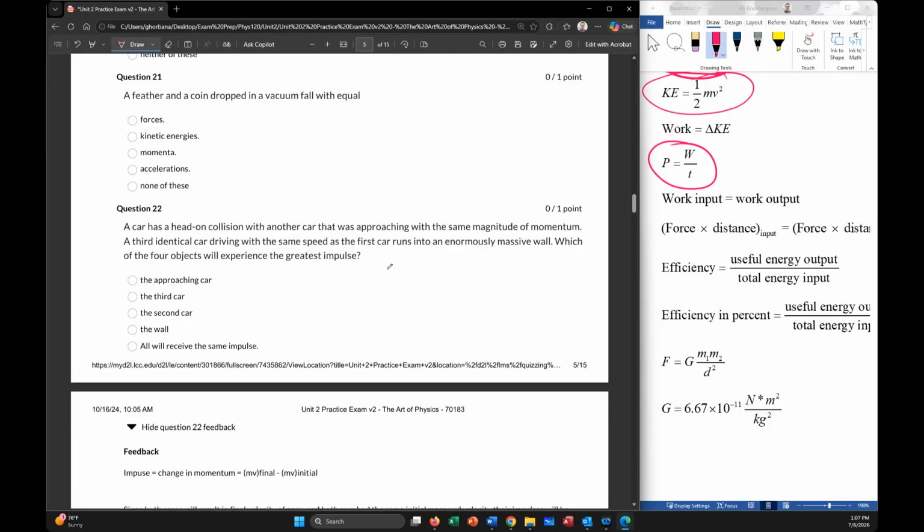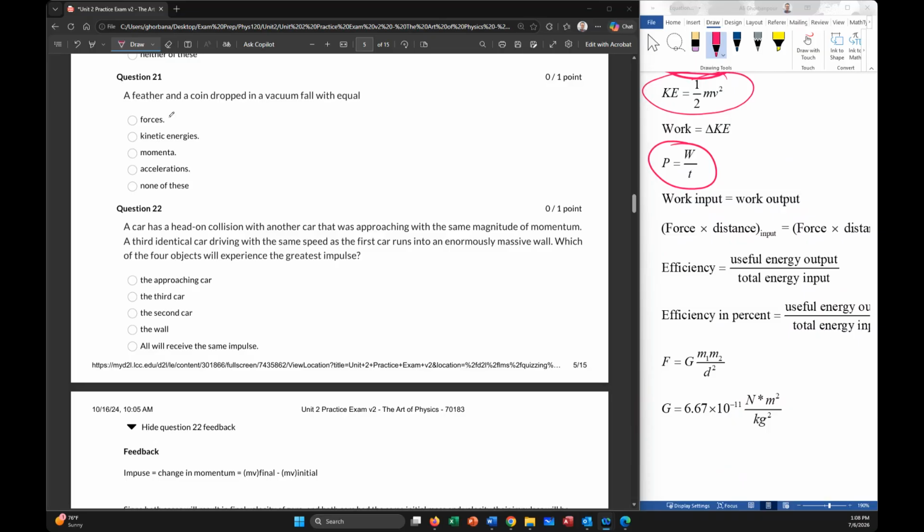So question number 21. A feather and a coin dropped in a vacuum fall with equal, again, we already discussed, because force will be different, yes? M times G, because G is the same, but it doesn't mean the weight is the same.